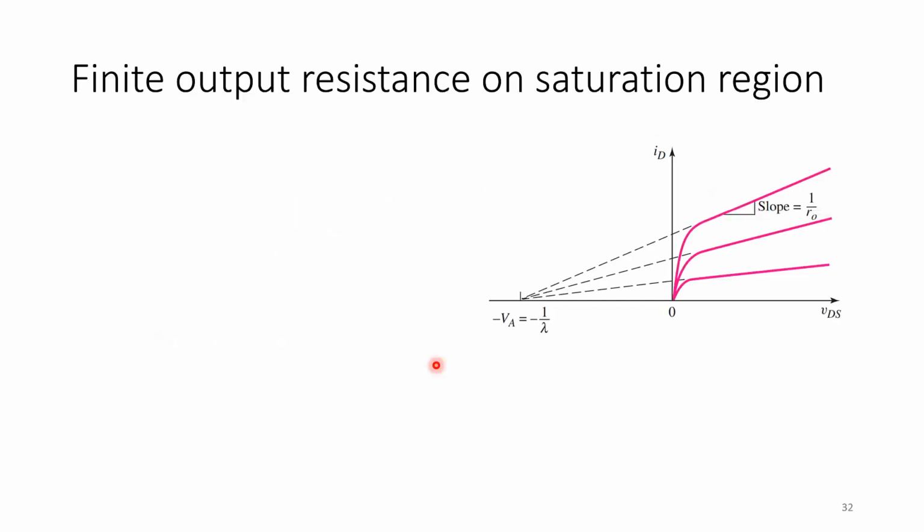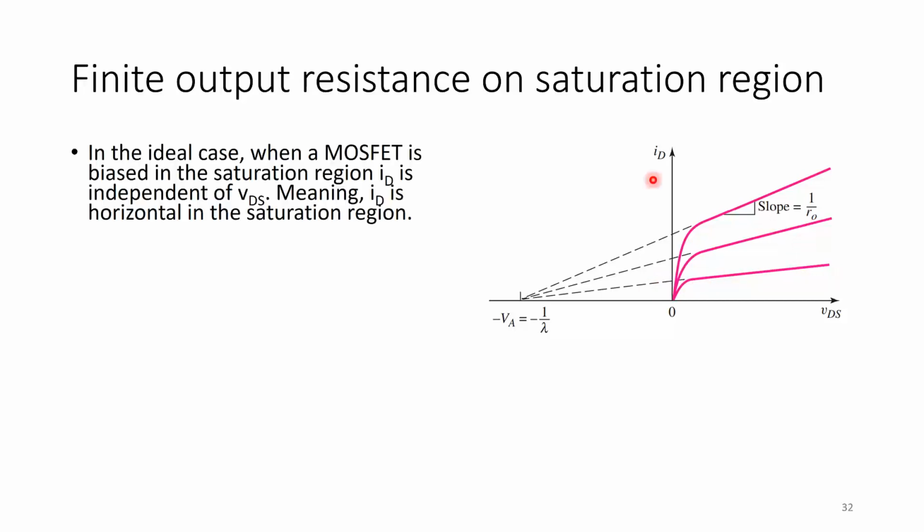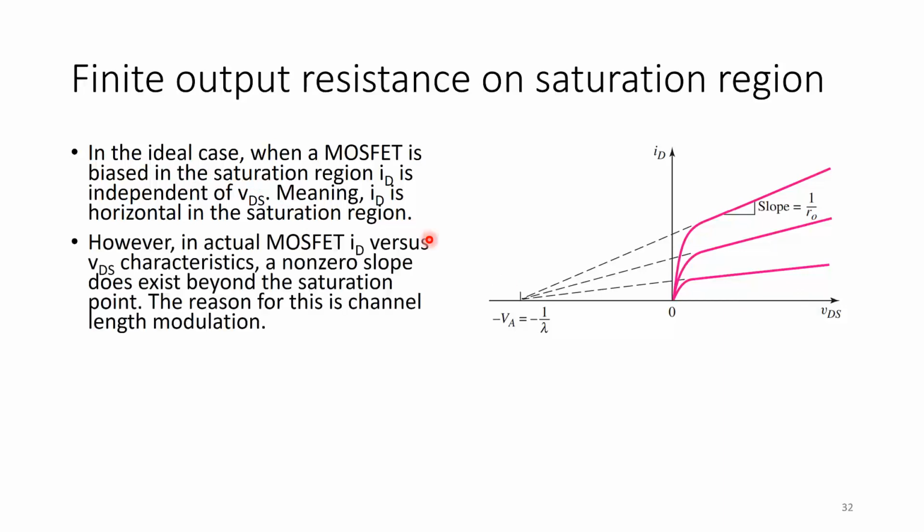So, finite output resistance in the saturation region. Just now we said that when it's ideal, once it saturates, it's a horizontal line, the same thing as the BJT. Once it enters the saturation region, it's not horizontal anymore, but there is a slope. In the ideal case, when a MOSFET is biased in the saturation region, ID is independent of VDS, meaning ID is horizontal in the saturation region.